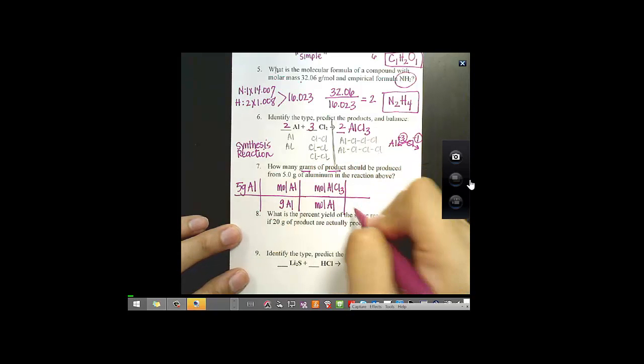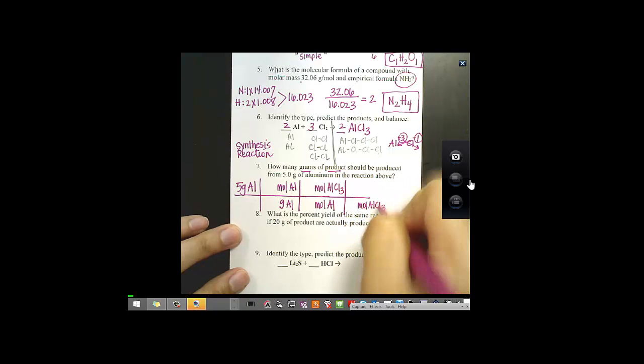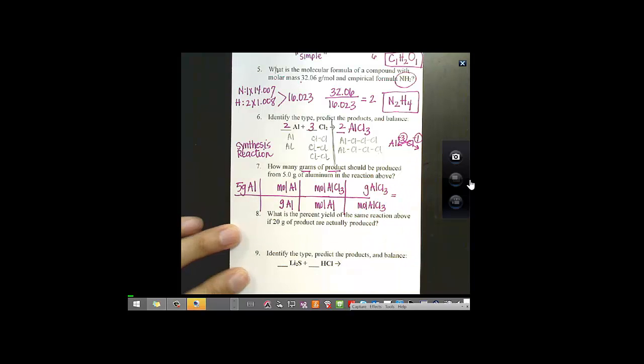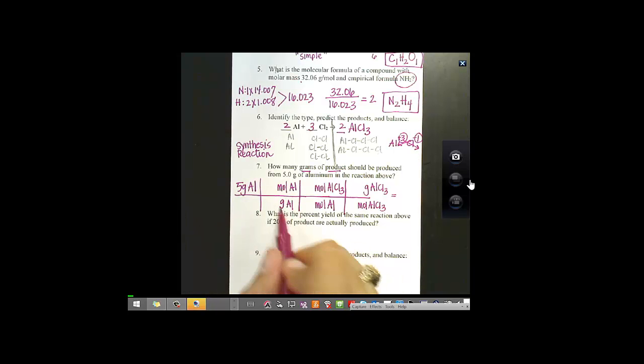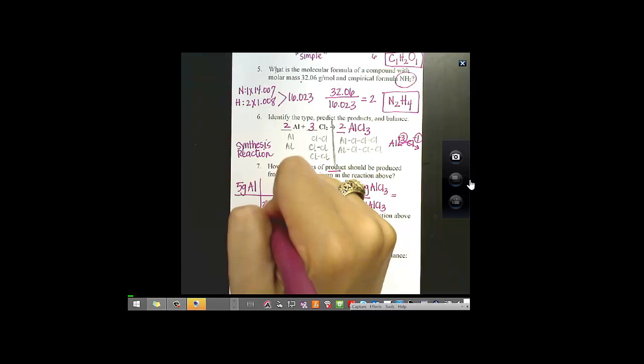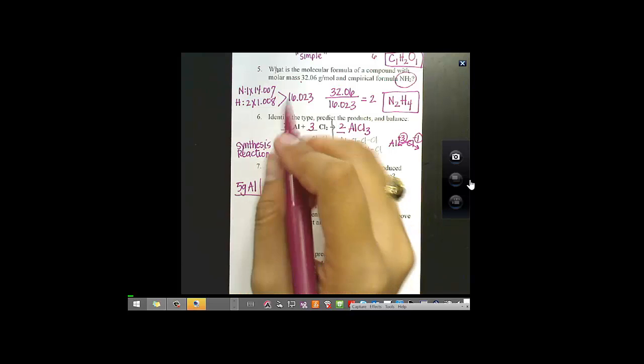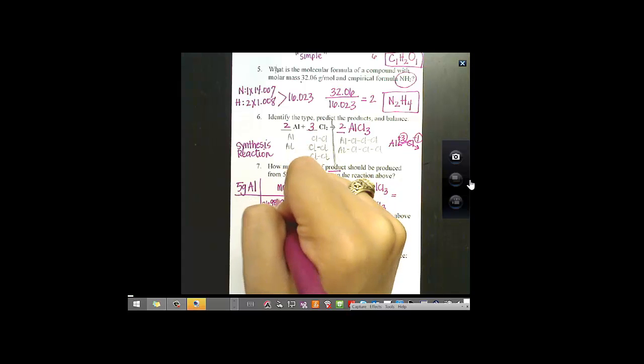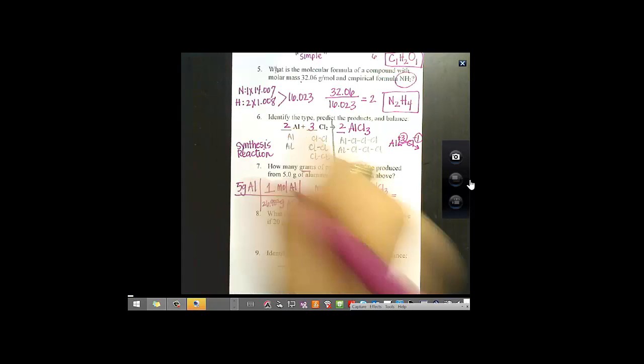So I have one last step where I change moles of aluminum chloride into grams of aluminum chloride. So now I have a lot of numbers to fill in. So I have grams of aluminum. That's my molar mass. So 26.982. That's off the periodic table. The mass of aluminum is equal to 1 mole.